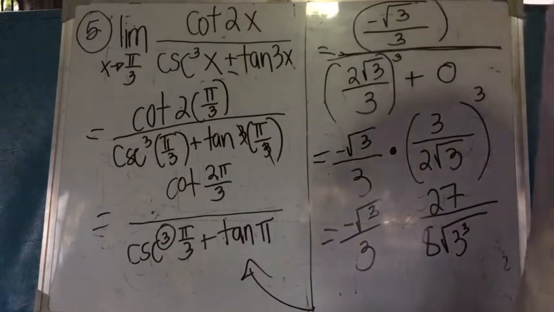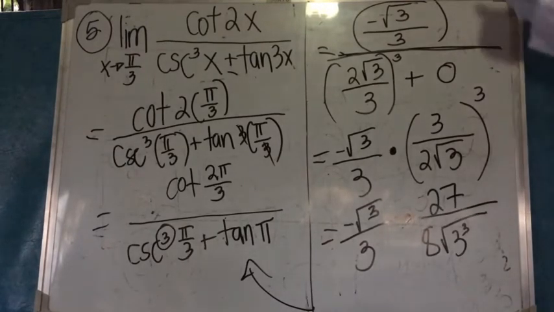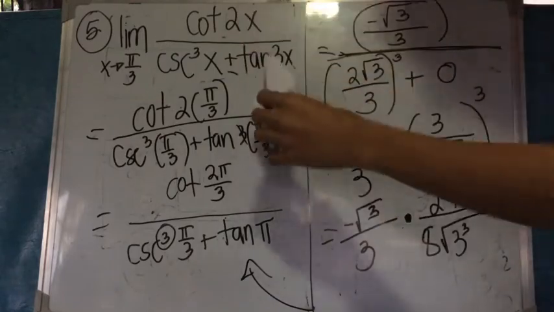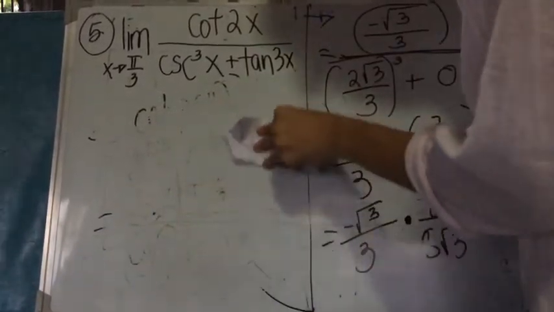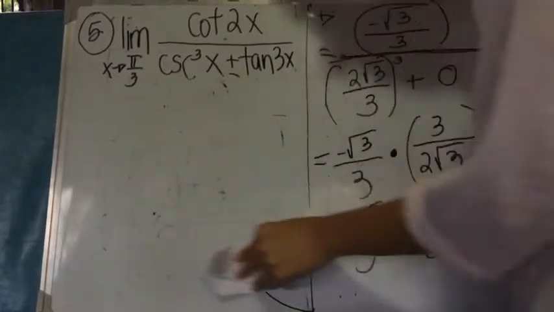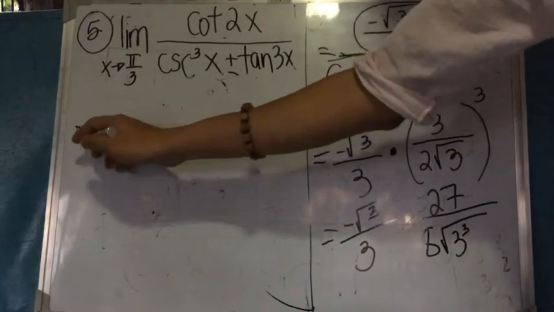After that, we have to continue simplifying this one. I don't have any space, so I have to erase this to continue answering the problem. Okay, let's continue over here.